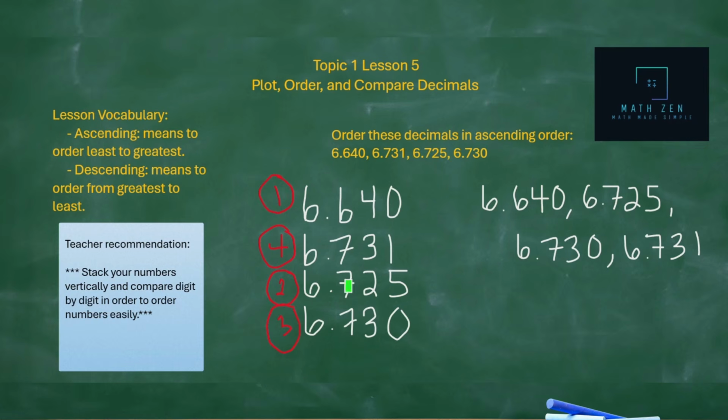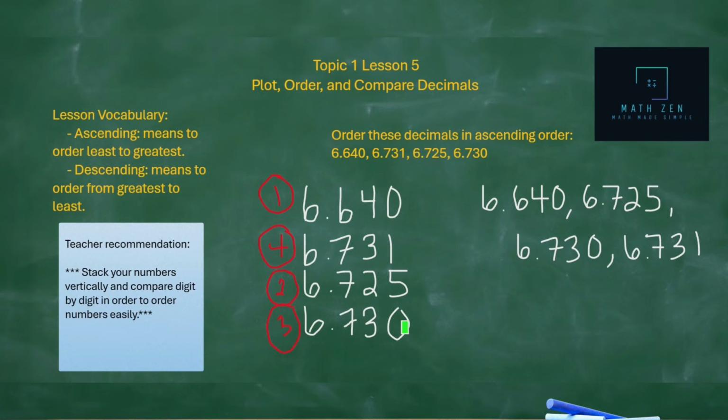Next, since I had a tie here with these three, I move to the next place value over, which is the hundredths place. So we have a 3, a 2, and a 3. And because this 2 is less than these 3's, this is going to be the next smallest number. So I put a little 2 next to it to remind myself it's the second smallest one. And now the next numbers to think about are this one here and this one here.